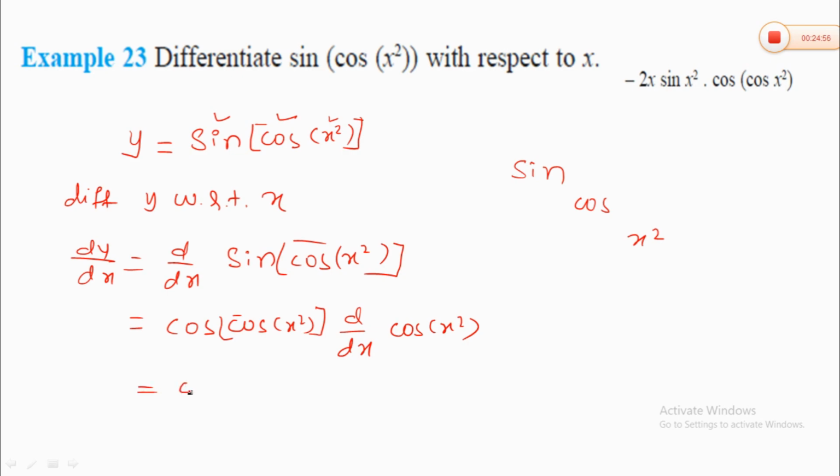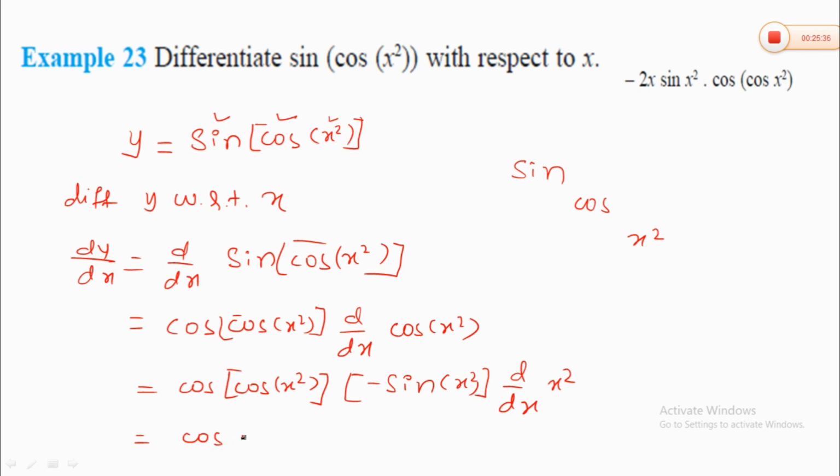Therefore cos of cos x square. Here again it is a composite. First we come across cos, derivative of cos is minus sine, write the remaining things, x square. Therefore the derivative of x square. Here the last function is x square, so differentiate once again.